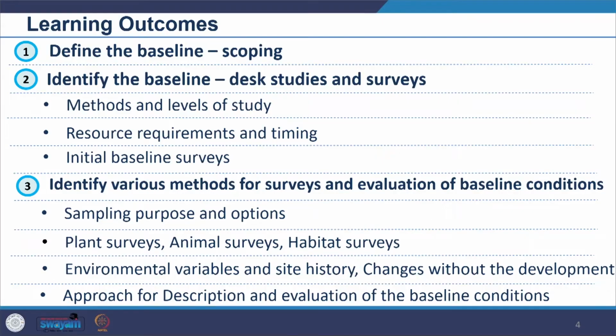So accordingly, your expected learning outcomes include that you should be able to discuss the scoping stage and identify different methods which are available to undertake scoping within your baseline study.